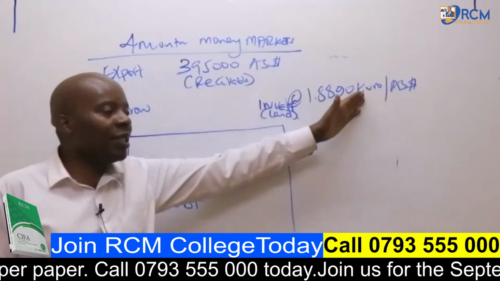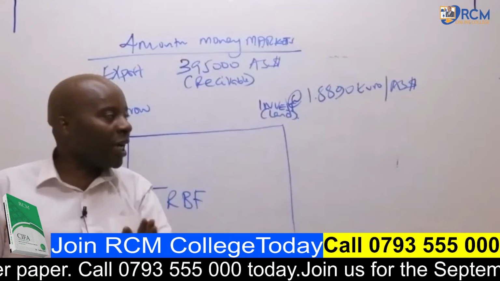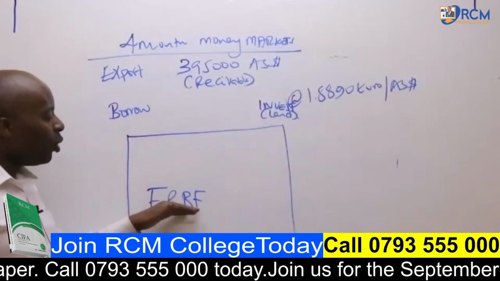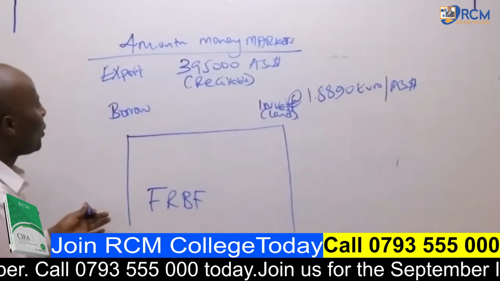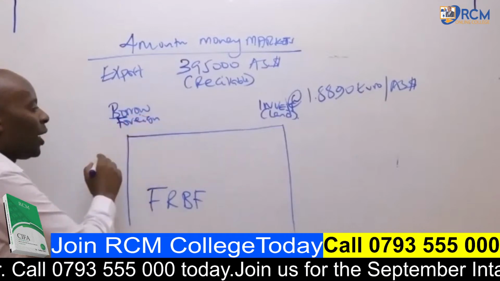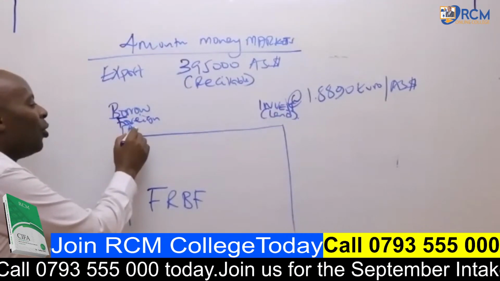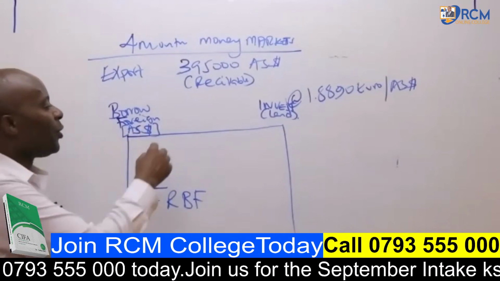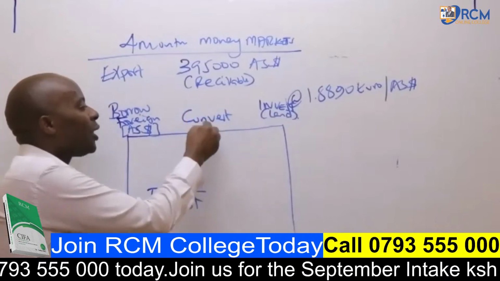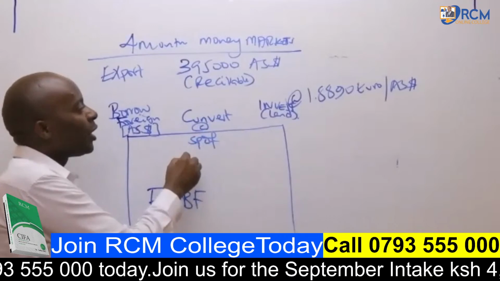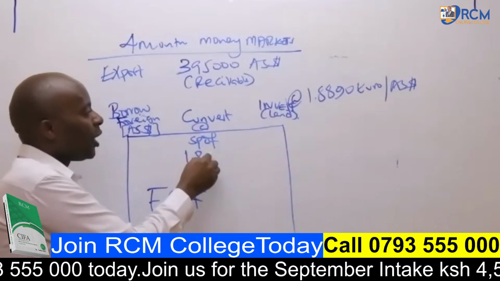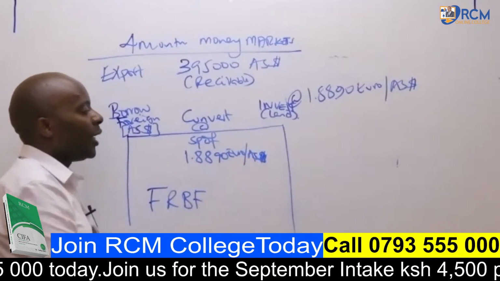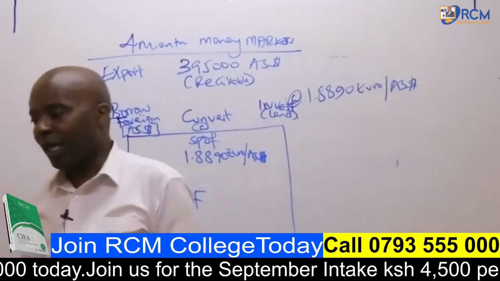Remember, our currency is the euro, and according to rule number 1, foreign receipt, borrow foreign. So here we shall borrow foreign, and the foreign is the Australian dollar. Then in between here we convert at spot, and the spot exchange rate you gave me is 1.8890 euros per Australian dollar.